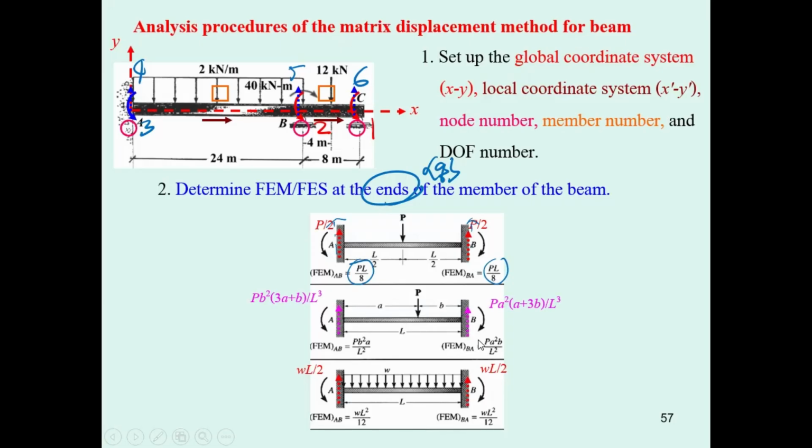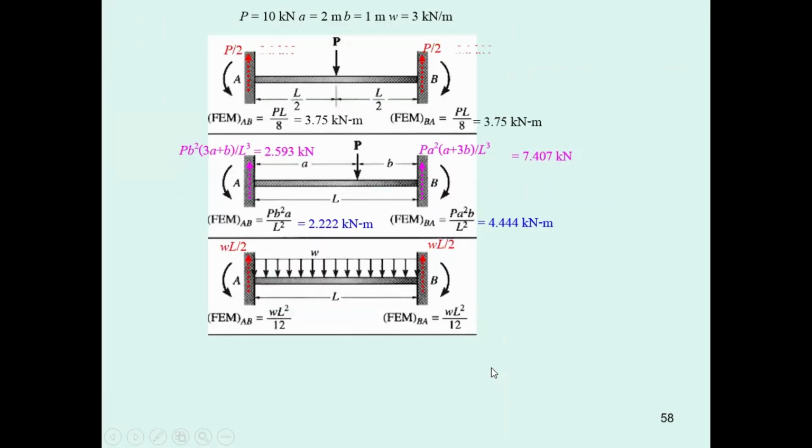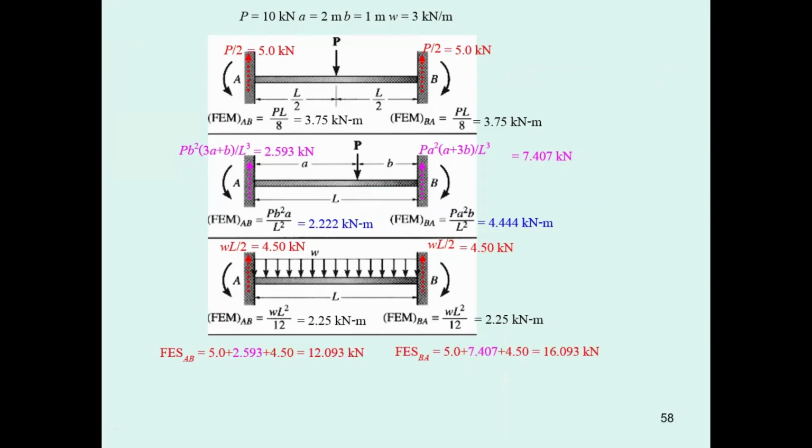You don't have the equation. You will have this equation, and then you calculate them to be a number. Use the free body diagram to determine the fixed end shear with the equation of equilibrium. So all this one, I assign you to go back and try to determine the fixed end shear from the fixed end moment by providing the given value over here.